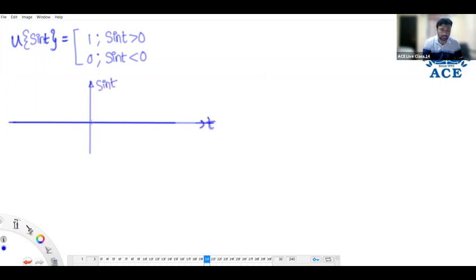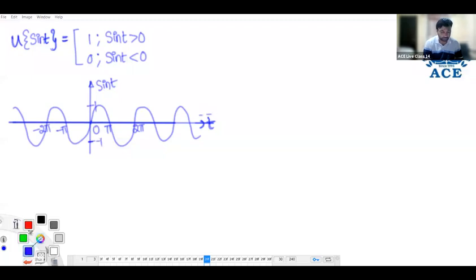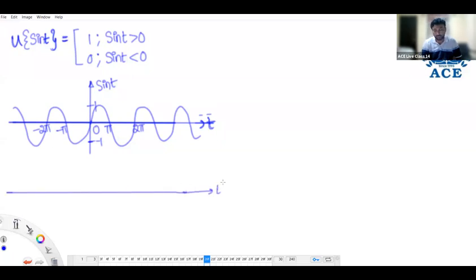Normal sin t is like this. So from the mathematical expression, how to draw u of sin t?